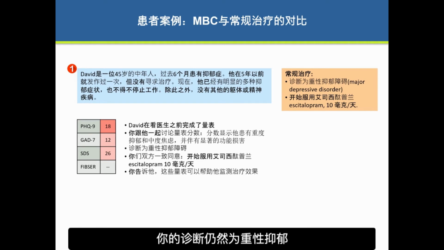You still diagnose major depression, and you decide with him that he starts on escitalopram at 10 milligrams per day, but you also tell him that by doing these scales regularly, they can help to monitor his response to treatment.